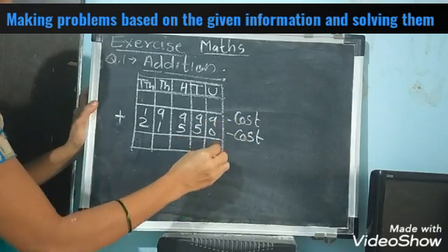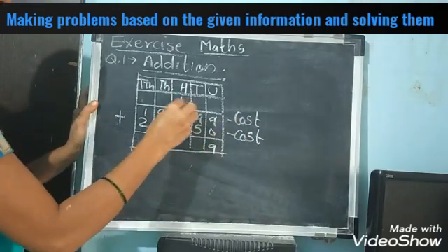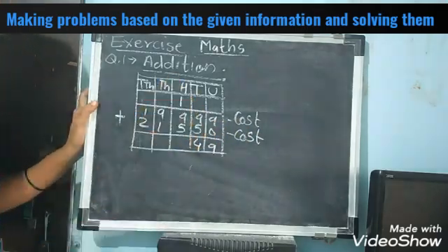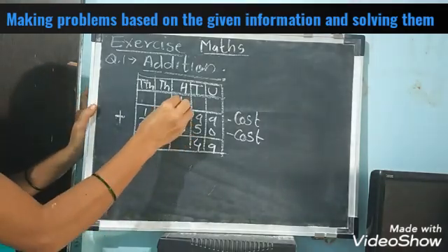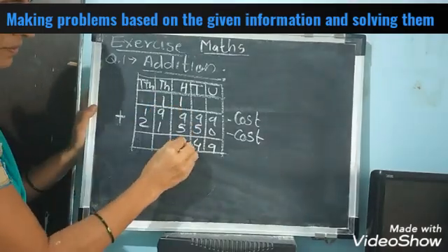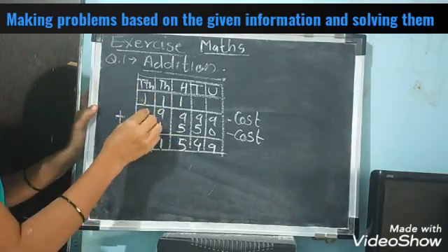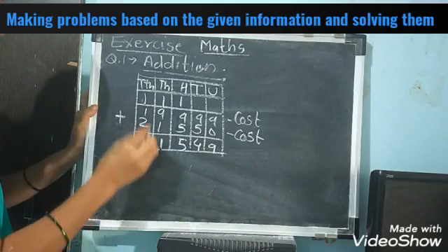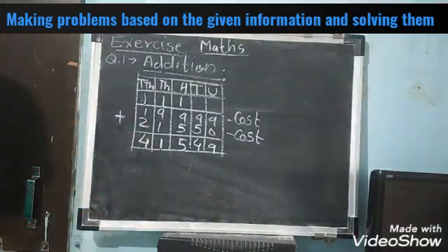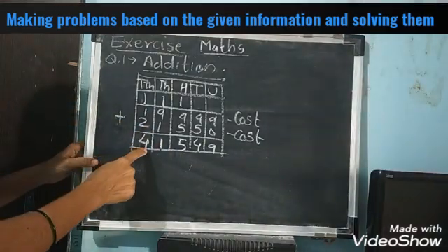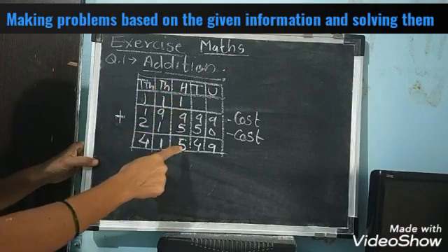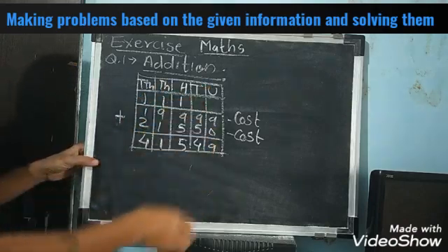Always start from the unit place. 9 plus 0, 9. 9 plus 5, 14. 1 will be carrying over here. 9 plus 1, 10 plus 5, 15. 9 plus 1, 10 plus 1, 11. 1 plus 1, 2 plus 2, 4. What is the total cost of both machines? Read this number: 41,549.